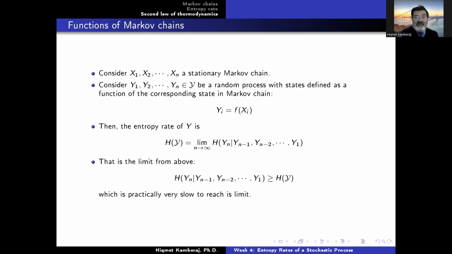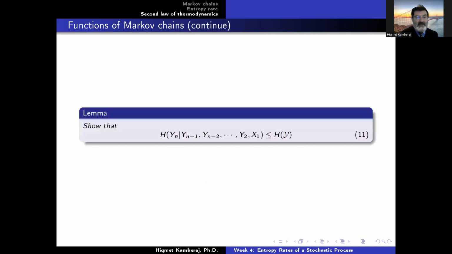Then this is the limit from above. It is given as the entropy of Yn given Yn-1, Yn-2, up to Y1. It is greater or equal to the entropy rate, which is practically very slow to reach as a limit.